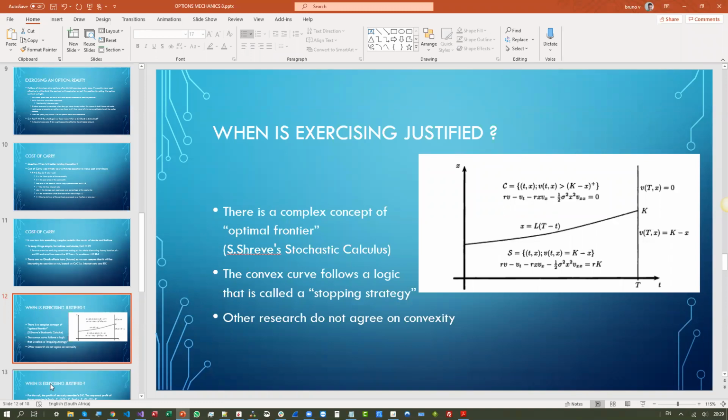In other words, what you would be giving up, what you would be forfeiting in terms of extrinsic value when you turn an option into its underlying. The theory behind it is a little bit complicated, and it's sometimes called in the literature a stopping strategy. Basically, you have a path.